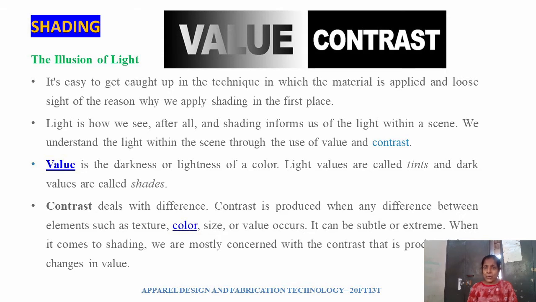Contrast is produced when any difference between elements such as texture, color, size and value occurs within a certain drawing area. It can be subtle or extreme when it comes to shading. We are mostly concerned with the contrast that is produced by changes in value.